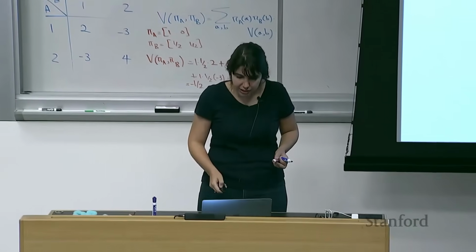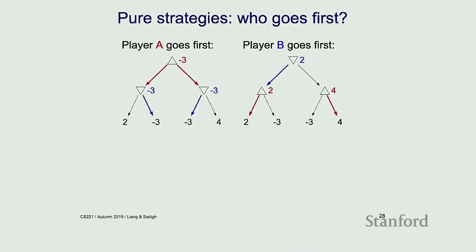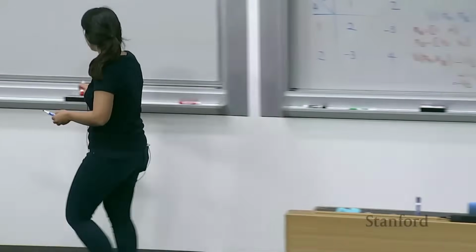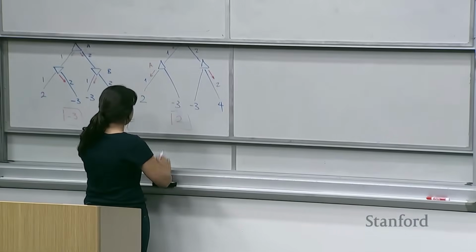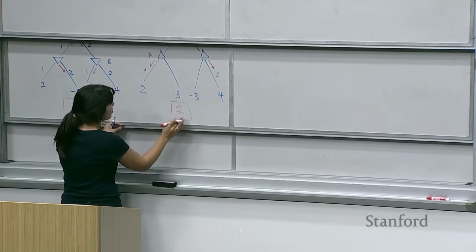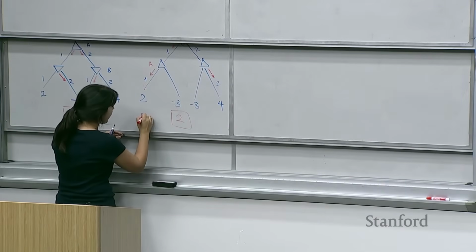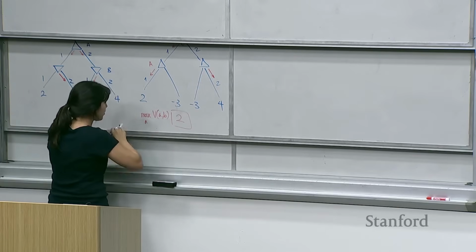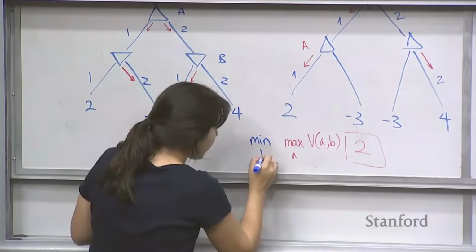Okay. All right. So that was kind of intuitive. If we have pure strategies, it looks like if we are going second, that should be better. Okay. So going second is no worse. It's the same or better. And then that basically can be represented by this minimax relationship, right? So agent A is trying to maximize. So in this second case, we are maximizing second over our actions of A and B, and player B is going first.